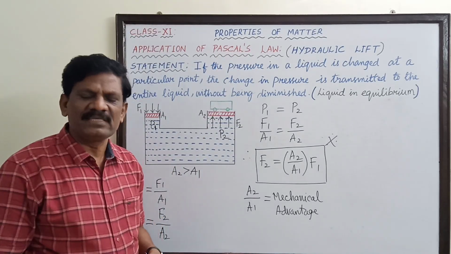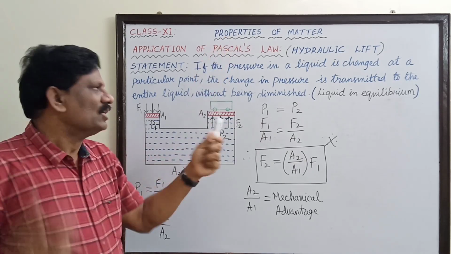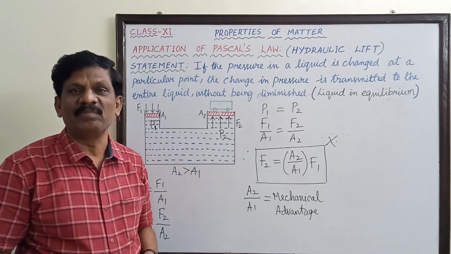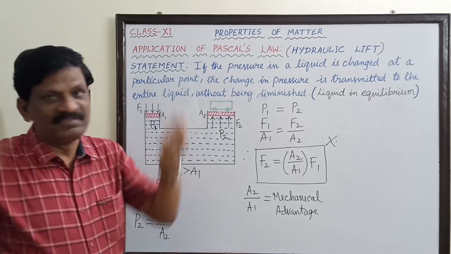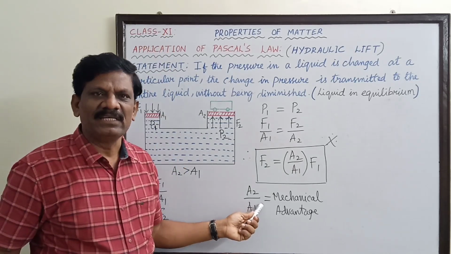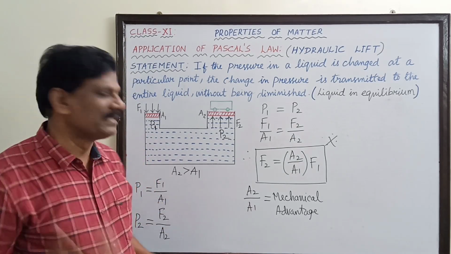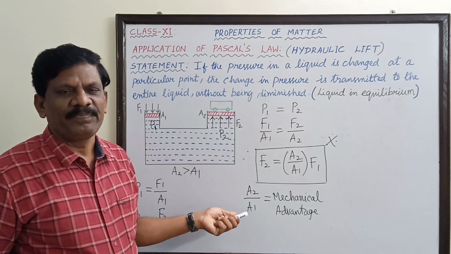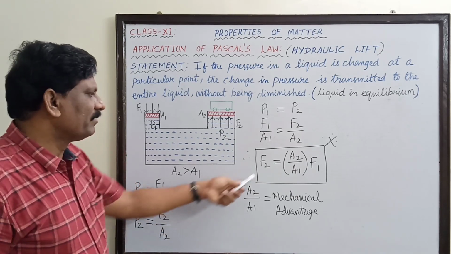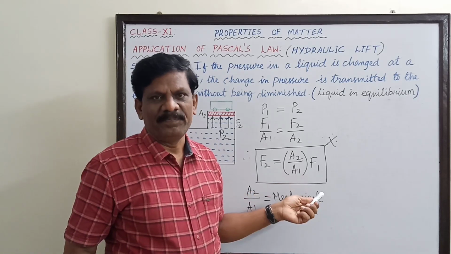Even if you apply less downward force, a very large upward force will act on the other side, so that even huge objects like the bus and lorry can be lifted very easily. So this is called mechanical advantage. When will we have more advantage? When A2 is many times greater than A1. So F2 is equal to A2 by A1 times F1.